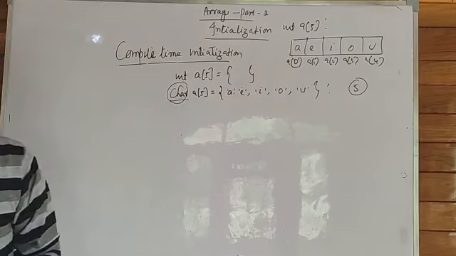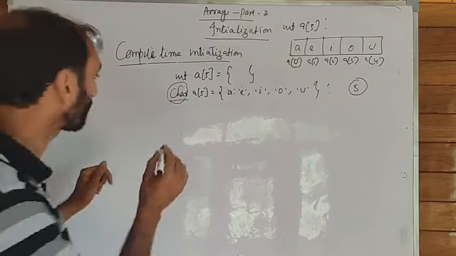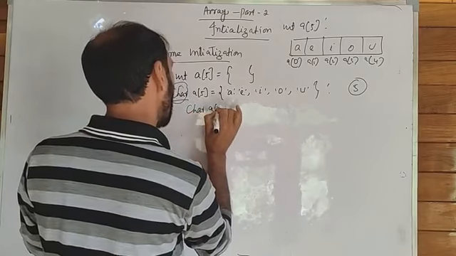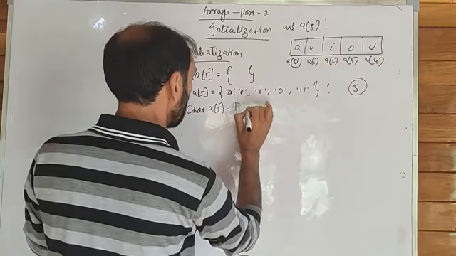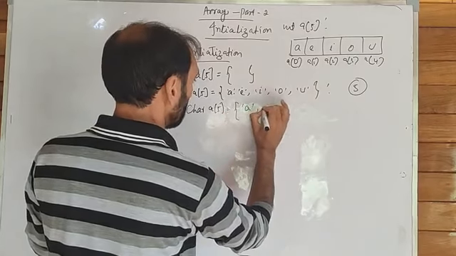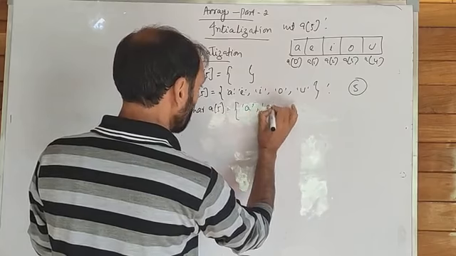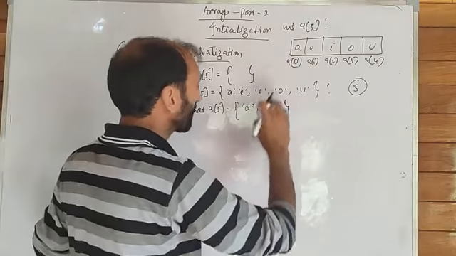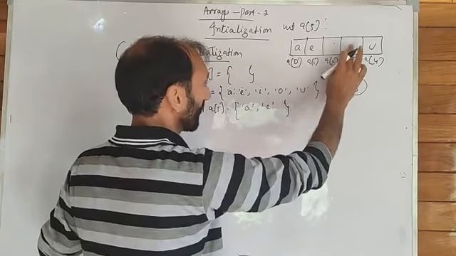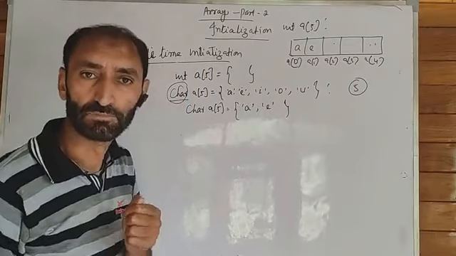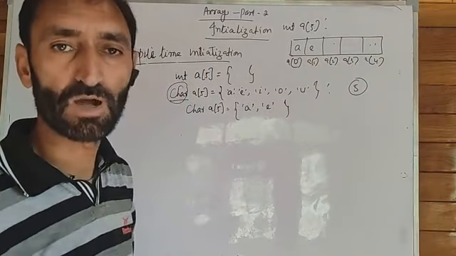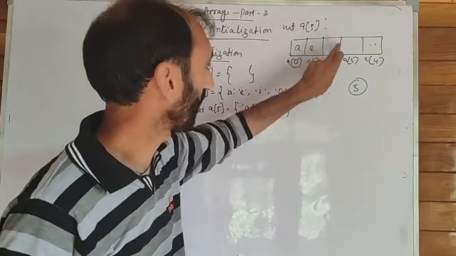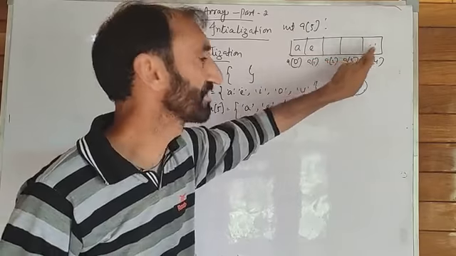For example, if I declare a of 5 and initialize only a comma e, the remaining elements are initialized with the null character by default by the operating system or compiler.